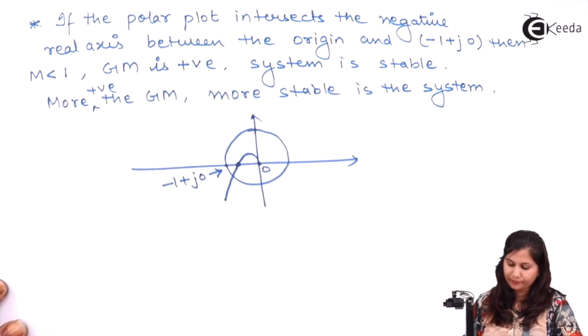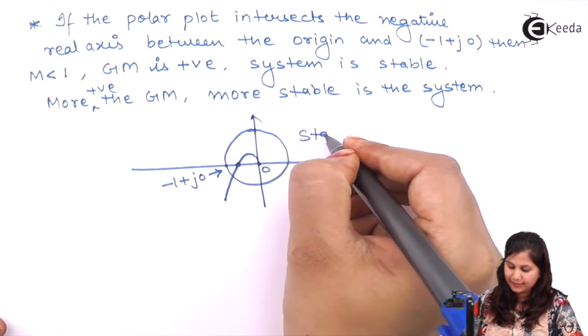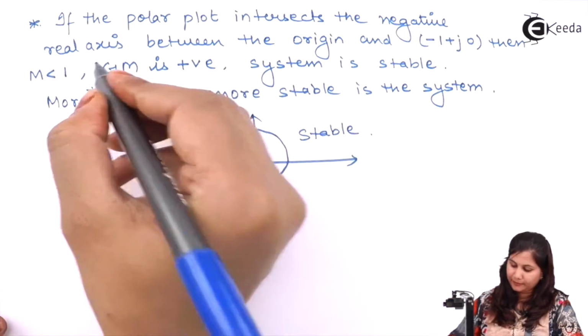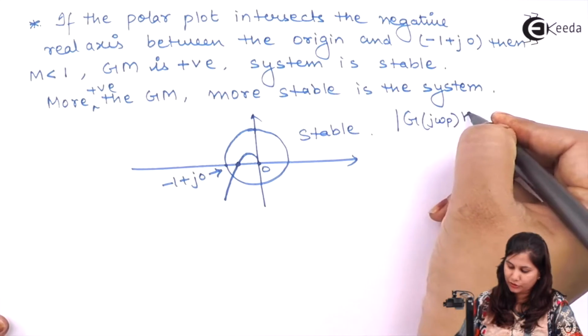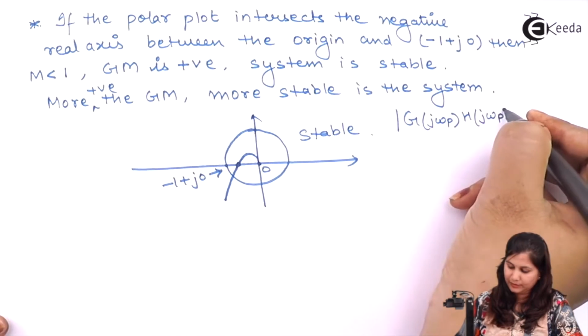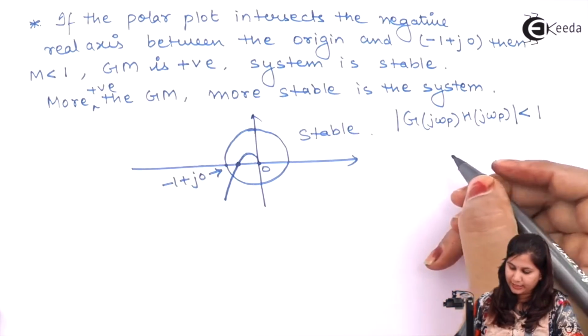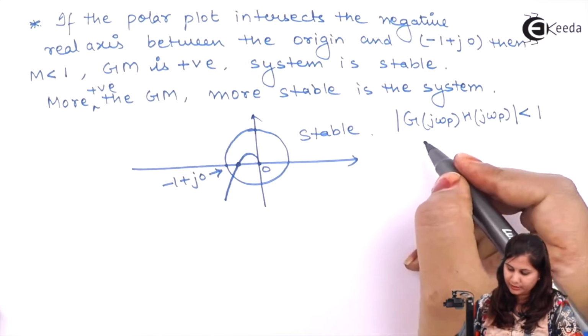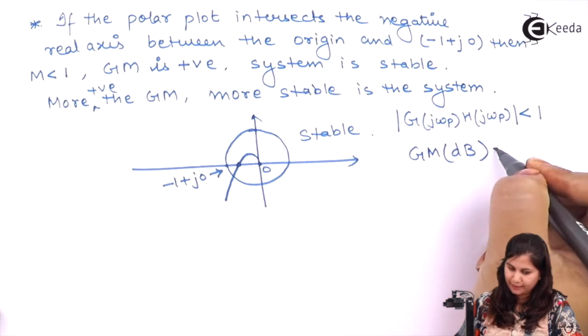This is the origin. So if the polar plot is like this, then the system is stable. M, that is |G(jω)H(jω)|, is less than 1, and the gain margin, that is the reciprocal of this, in dB is positive.